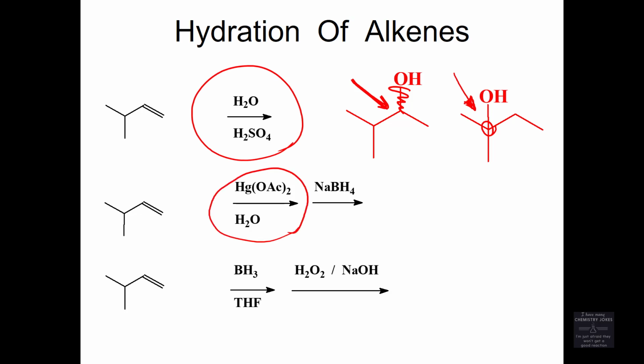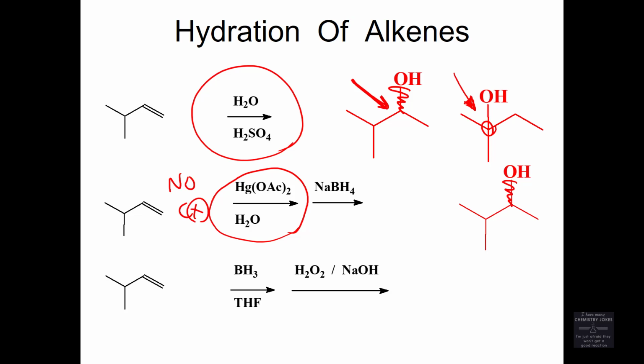Mercury still does Markovnikov, but no carbocation, therefore no rearrangements. So we get this product and this product only as our only constitutional isomer. Yes, it would be racemic because mercury does not give you specific stereochemistry. So we get one constitutional isomer, those two stereoisomers.